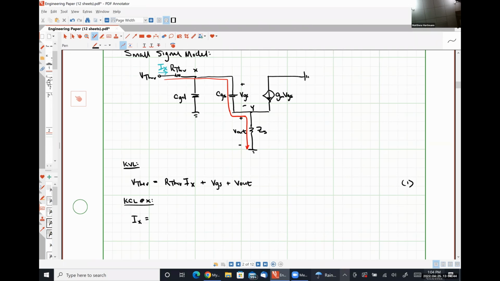That's simply going to be VGS divided by the impedance, so VGS over 1 over SCGS is simply VGS times SCGS. I'm going to do something very similar for the impedance of CGD, where I can recognize that the total voltage drop over capacitance CGD from node X to ground is just VGS plus V out.